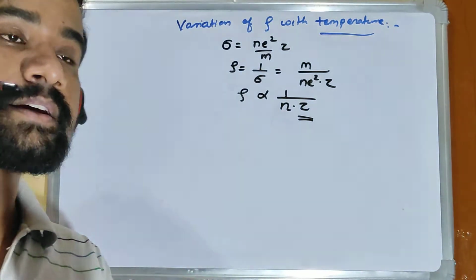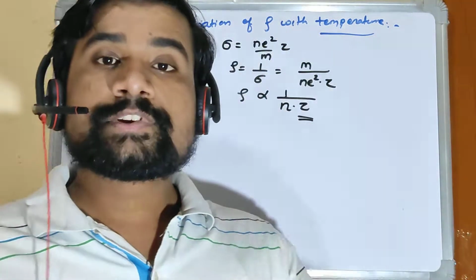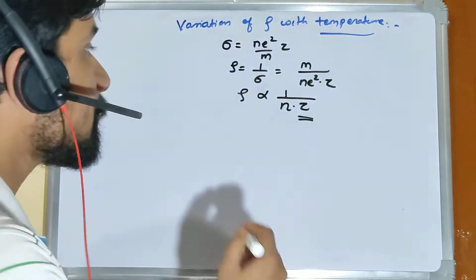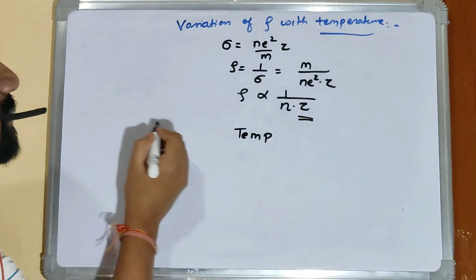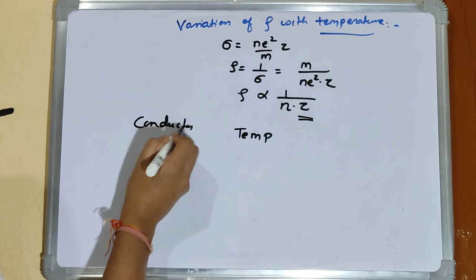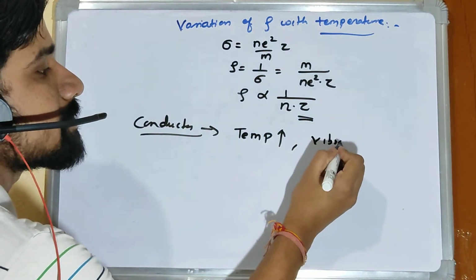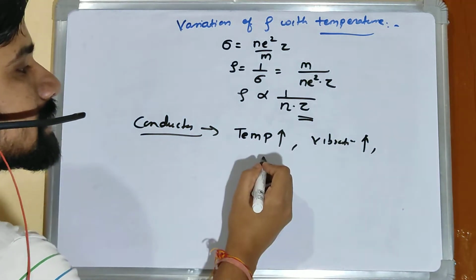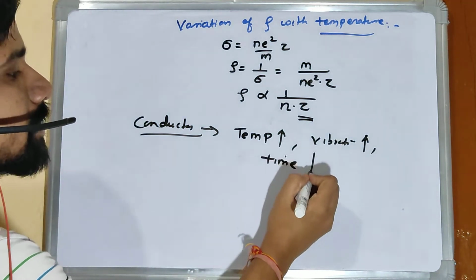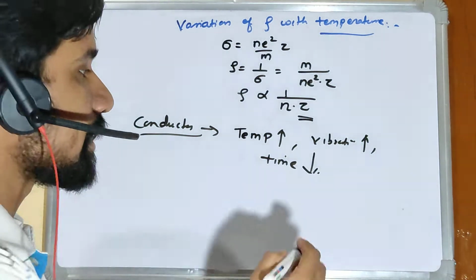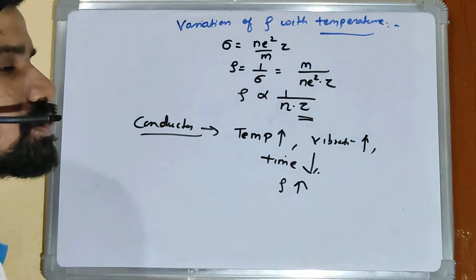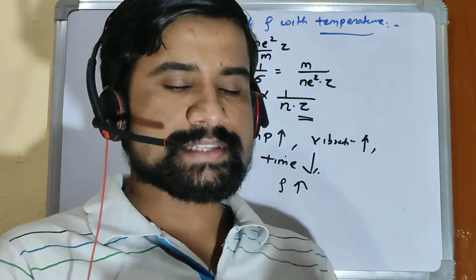Let's discuss the conductor case. If temperature increases, vibration will increase, the time between successive collisions will reduce, and hence rho will increase. What about n, the number density?